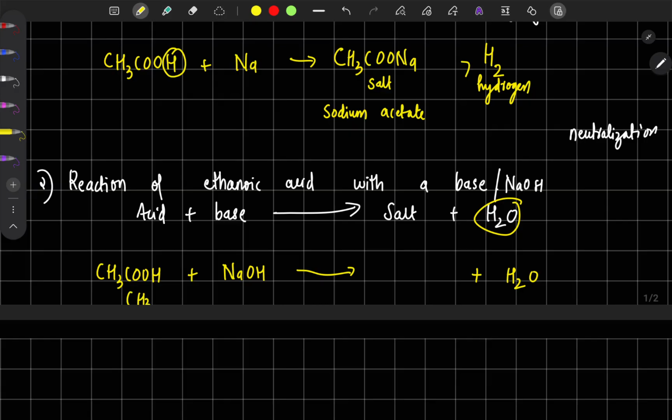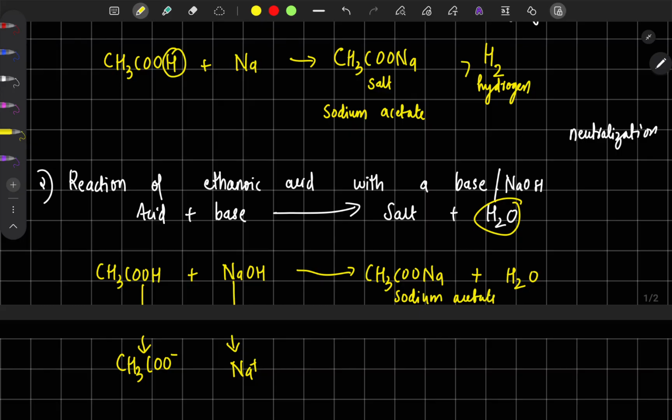CH3COO minus, and from this, Na plus ion will be there. So this is going to form the salt, the same salt that is formed above, CH3COONa, sodium acetate. So this is the second reaction.